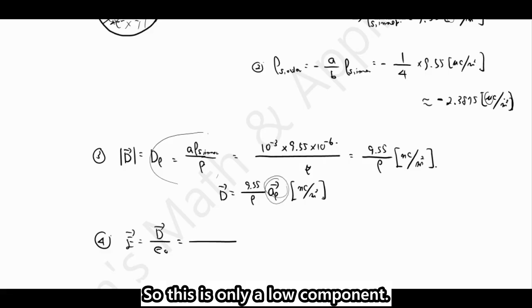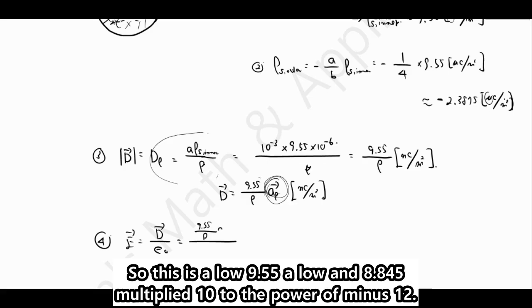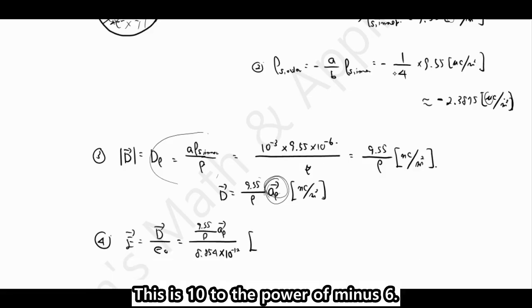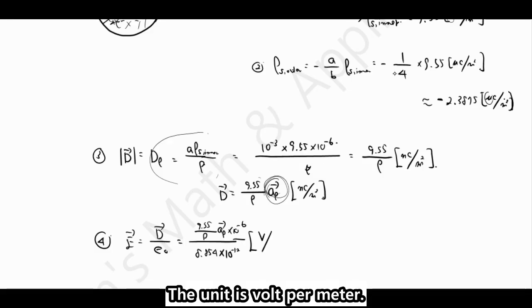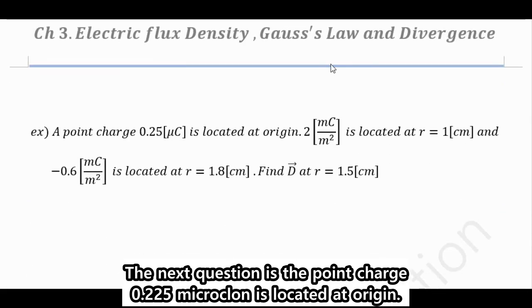So only the a rho component exists. So this is 9.55 a rho over 8.845 multiplied by 10 to the power minus 12, times 10 to the power minus 6. The unit is volt per meter. This is the electric field.